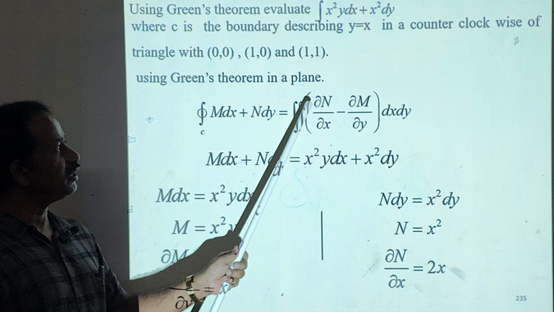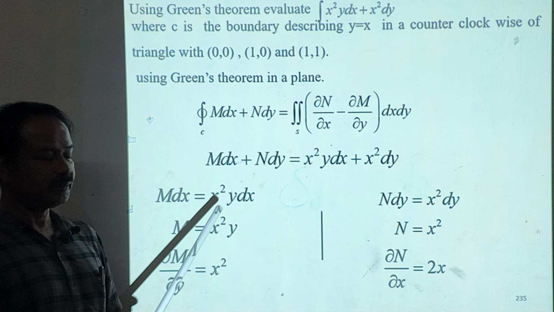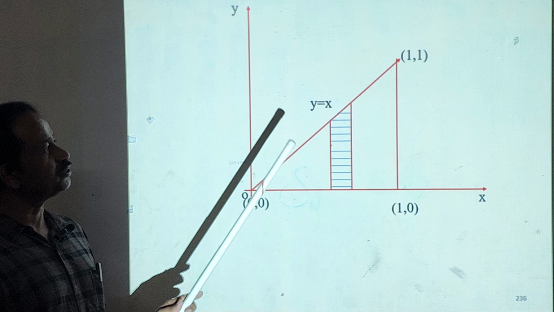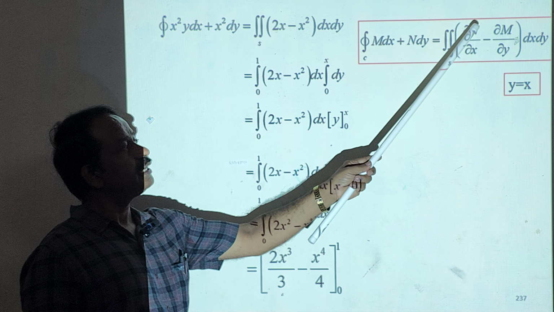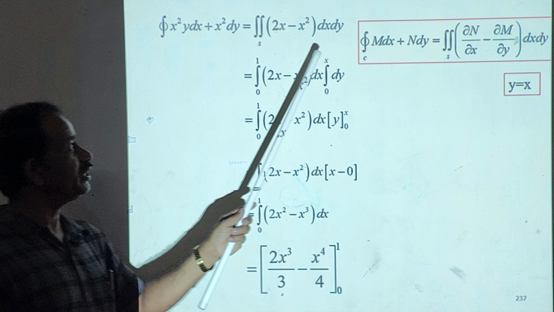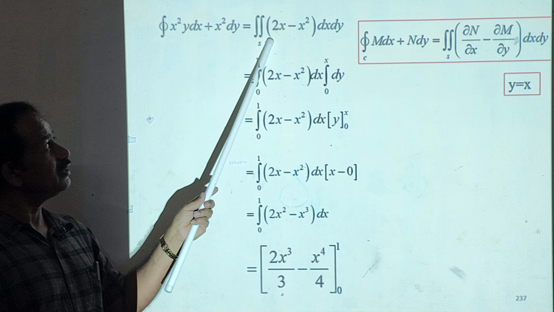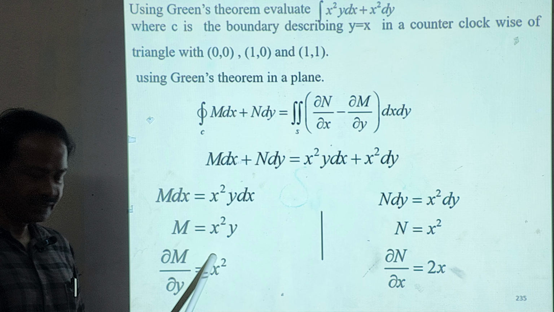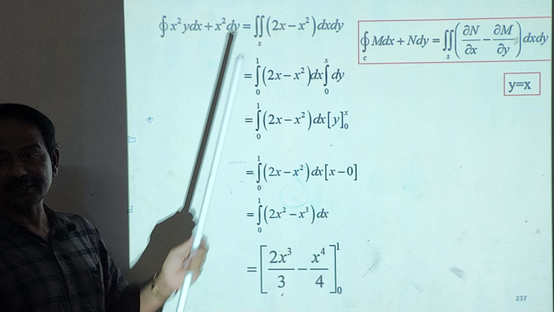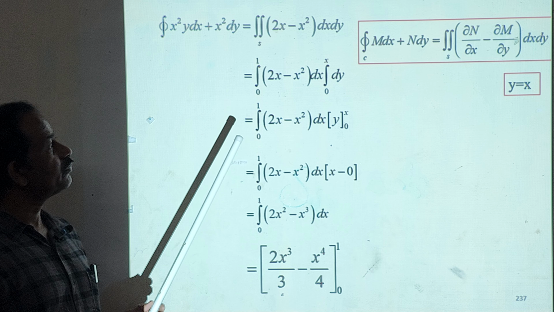Now you can substitute for dn by dx and dm by dy. In the double integral, we will have this expression: 2x minus x squared dx dy.